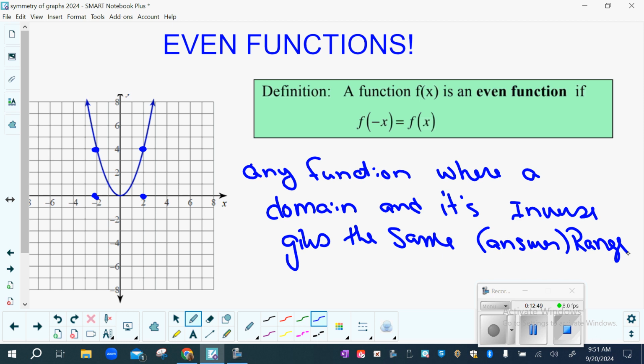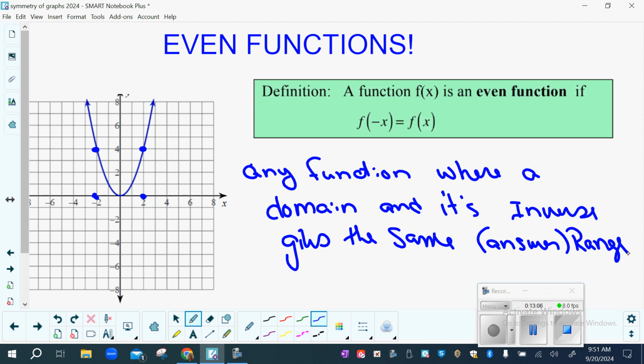Meaning if I plug in 3, I get an answer, and I plug in -3, same answer. I plug in 100, I get an answer, I plug in -100, I get the same answer. That means they are even functions.